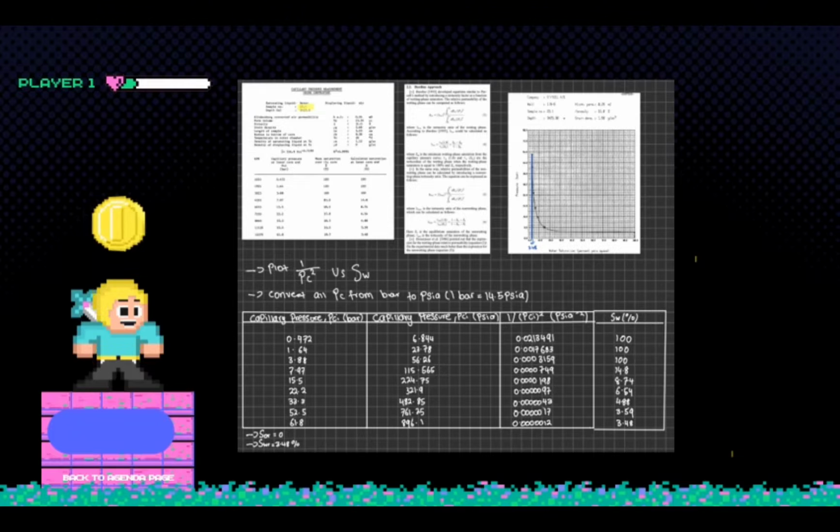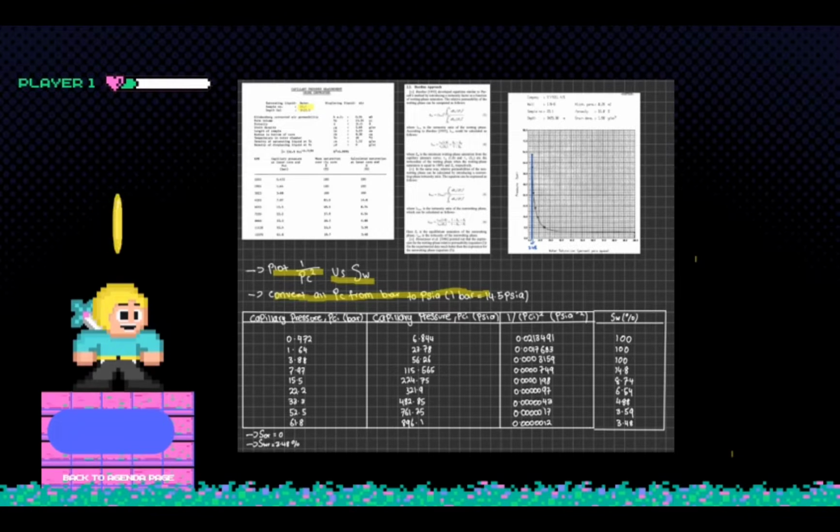Now we move to the calculation part. Plot the graph 1 over PC squared versus water saturation, and we convert everything to PC from bar to PSIA, using the conversion factor 1 bar equals 14.5 PSIA.